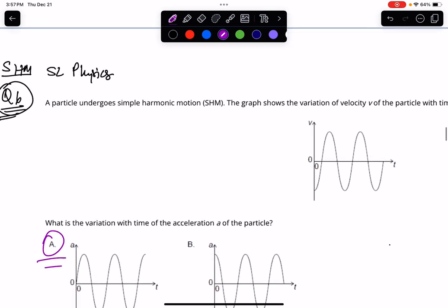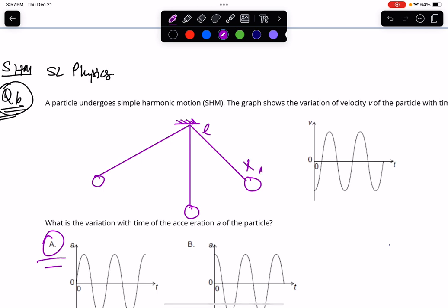So now for the pendulum, the way it's going to work is you're going to draw the pendulum over here. So you've got a pendulum bob that is being suspended from the ceiling. So this is that, and it has a length of L. Okay? Now we can see that in this pendulum bob, the displacement x is maximum at the positive amplitude. The acceleration is minimum at the positive amplitude.